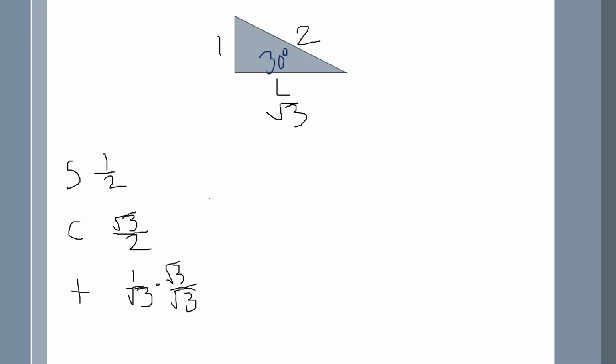And when you do that, you get square root 3 in the numerator and then square root 9 in your denominator. But you can simplify 9. The square root of 9 is just 3. And then your numerator was the square root of 3.